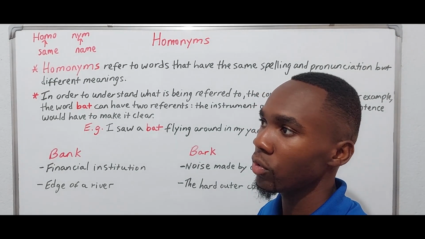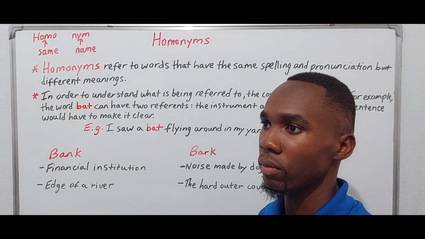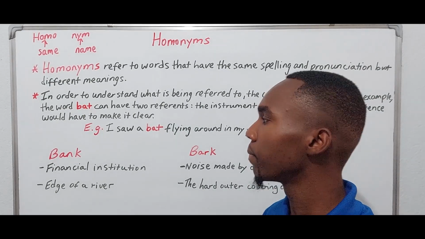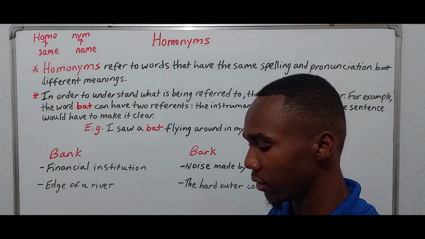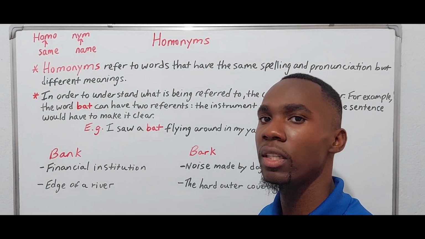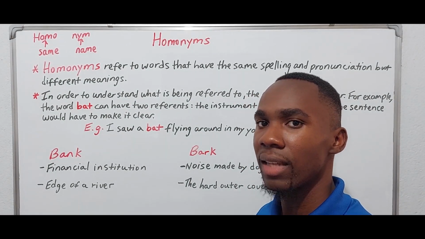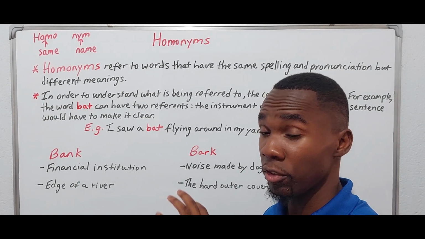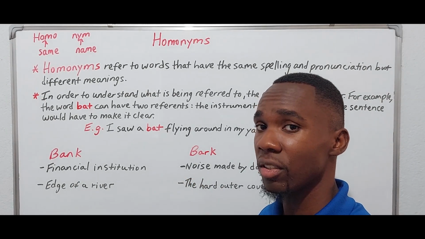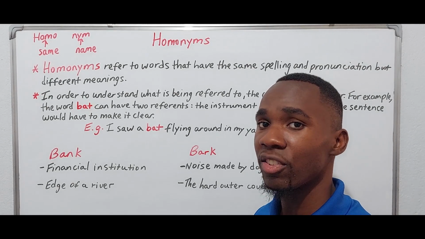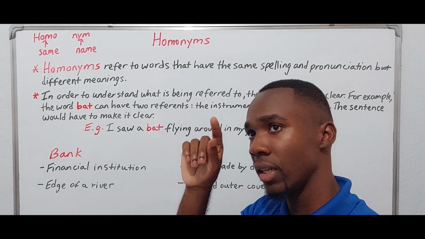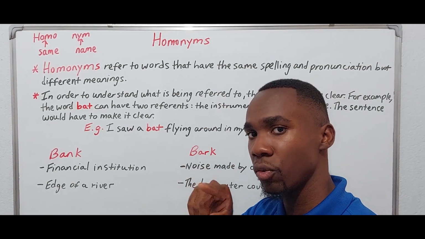Now, as I was alluding to earlier about these words not being the same. So let's look at bat, for example. If you were to look in the dictionary, you would realize that bat referring to the creature and bat referring to the instrument are actually separate entries. You may see like bat 1, bat 2, right?